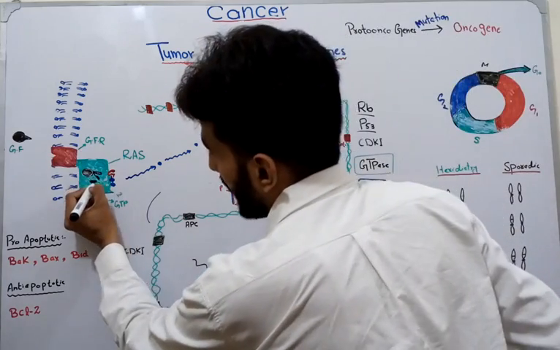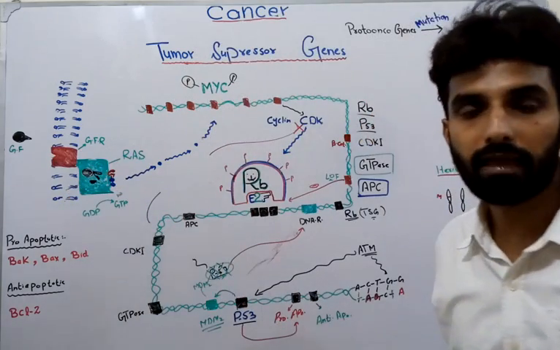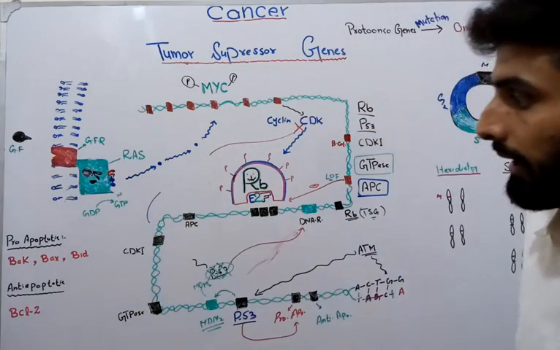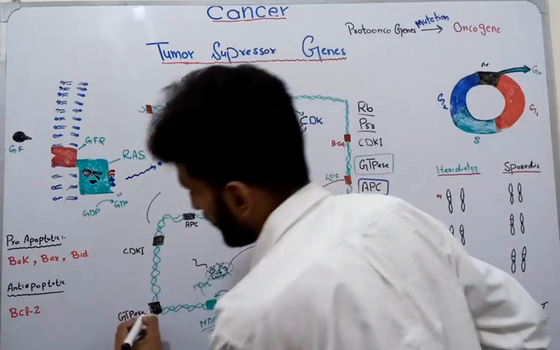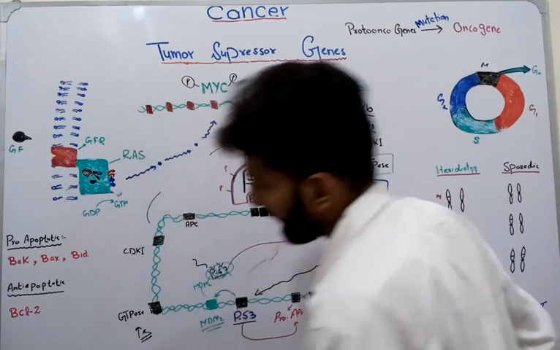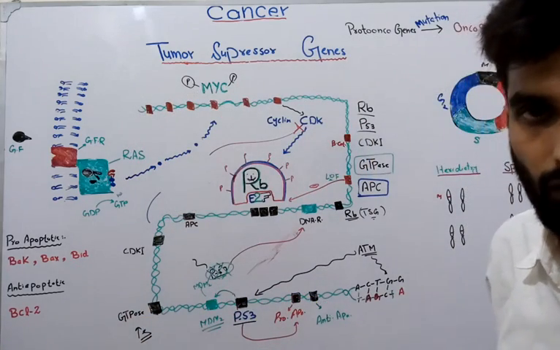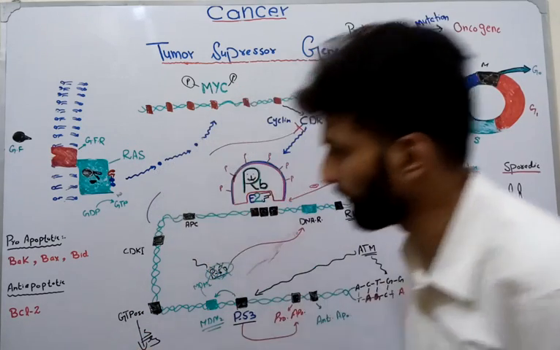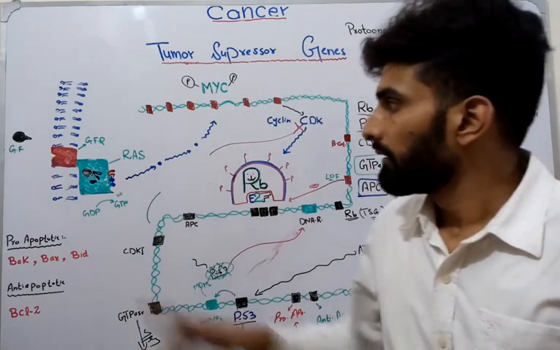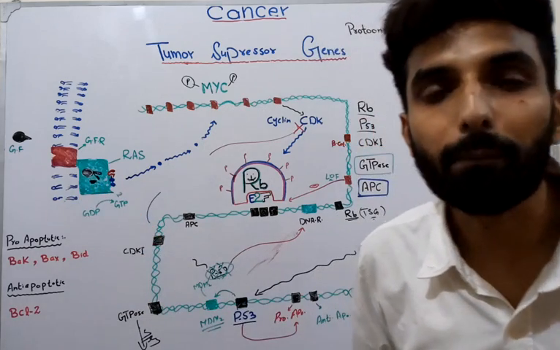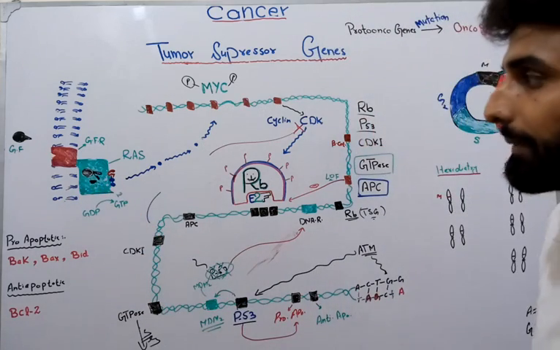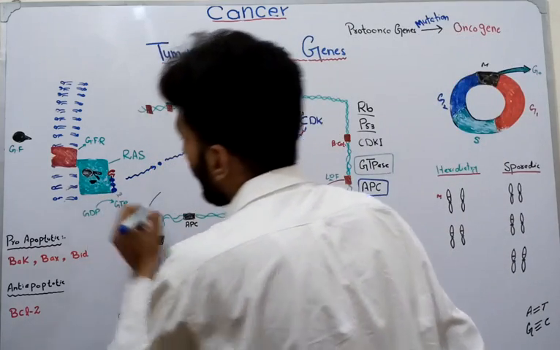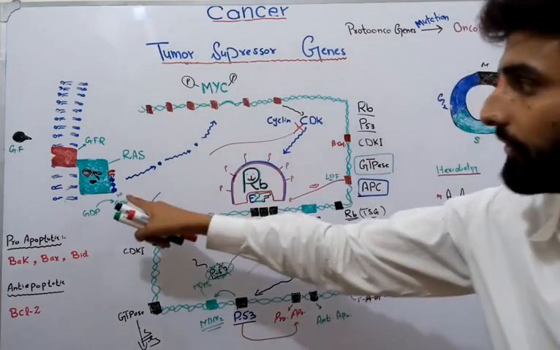Now what will happen? This GTPase enzyme is basically inhibiting cell proliferation. For example, assume that there has been a mutation in this GTPase gene, a loss of function mutation. It means this GTPase is not working properly. If this GTPase is not working properly, it will not be able to convert this GTP into GDP.